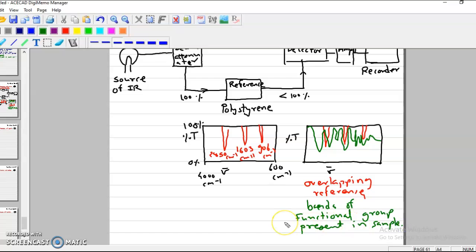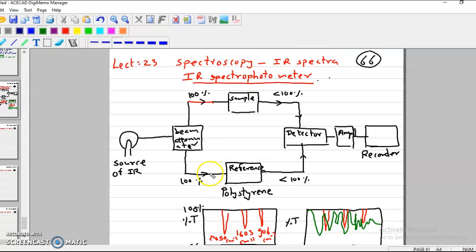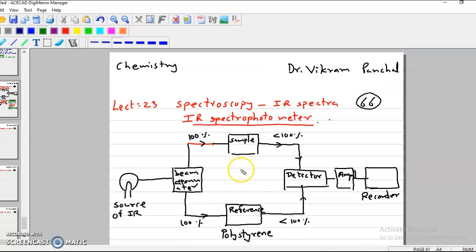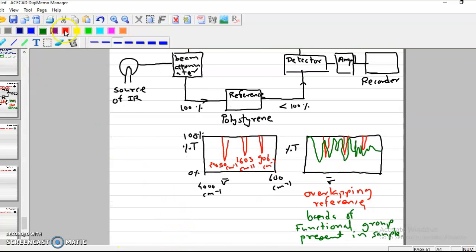So this is known as a spectrophotometer. With the help of this, we can take the IR spectra of any unknown compound, but first of all we need polystyrene for calibration. That is very important. This graph is for calibration of the instrument.